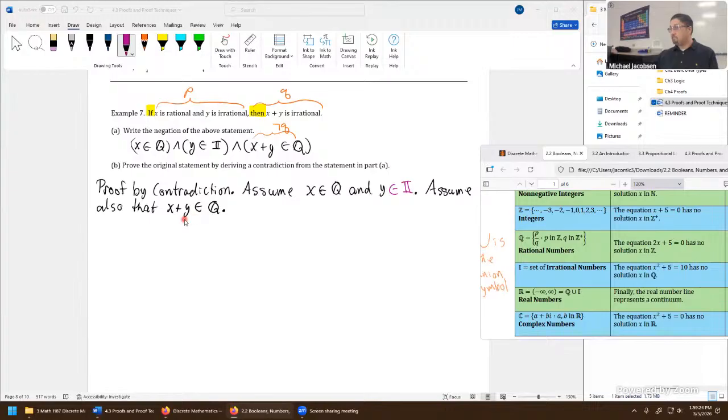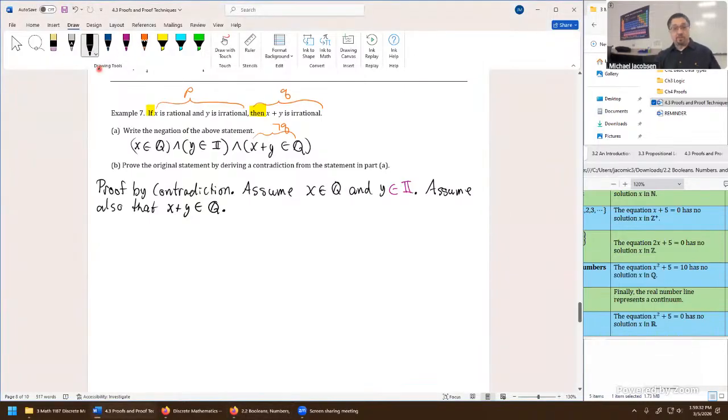Now for both x and x plus y, we're just going to write it in this form. They're just fractions. But like we discussed before, we have to declare the variables. So let's start with this part. Then x in Q implies the existence of a in Z, the existence of another integer, b in Z plus, so non-negative, such that x equals a over b.